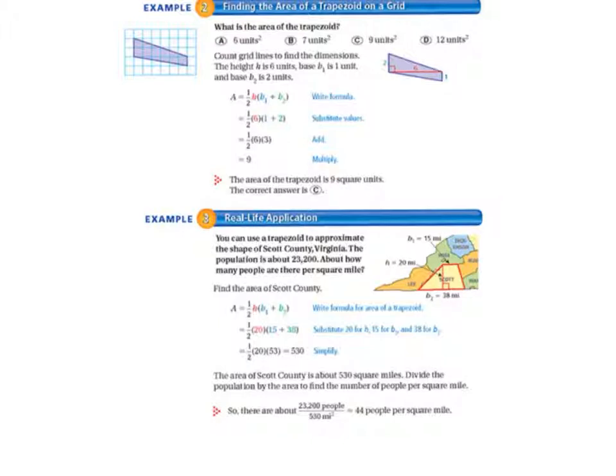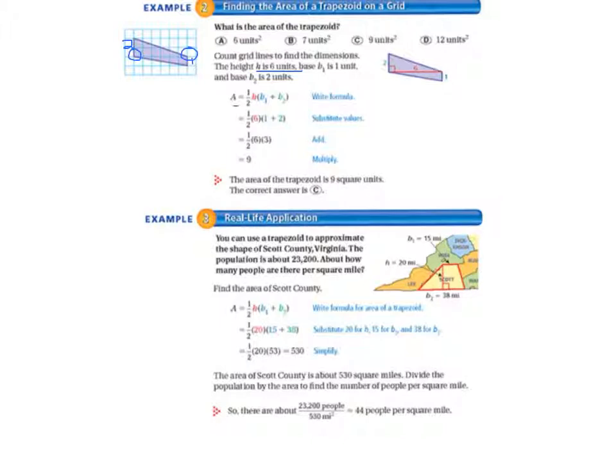So the height is 6 units, so we count it across from corner to corner here, from this corner on the left to the corner on the right, and that's 6 units. So the height is 6 units. Base 1 is 1 unit, so that's over here, and base 2 is 2 units.